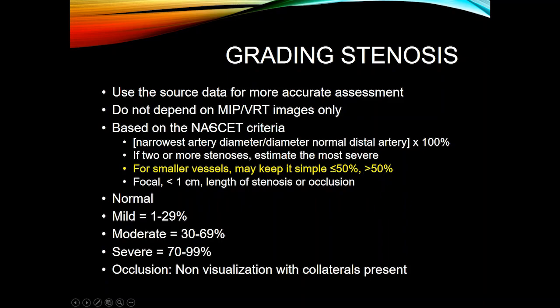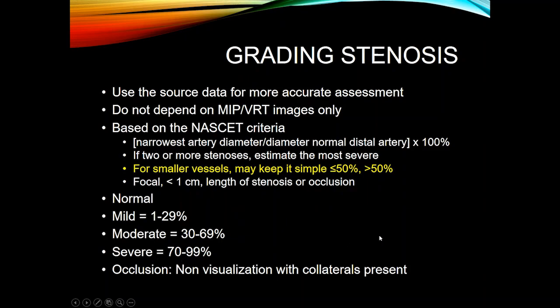You want to describe whether stenosis is focal or a long segment of stenosis, and you want to measure the length of stenosis or occlusive disease so that they can better determine the therapy. And this is how we define our mild, moderate, and severe stenoses at our institution.